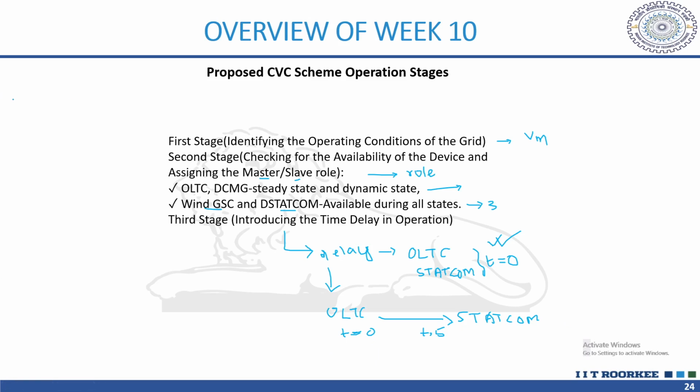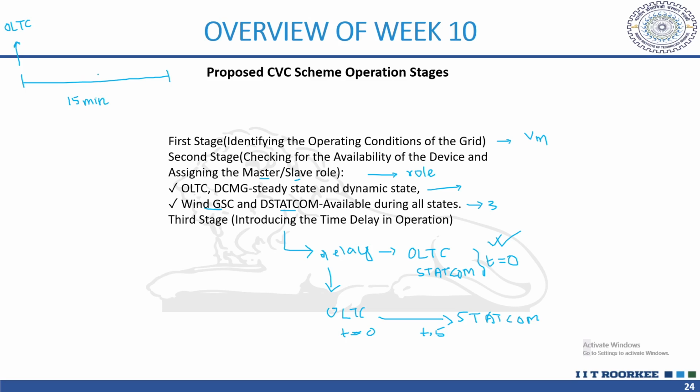So basically, let's say over this 15-minute time window, you want the voltage to be maintained, right? So let's say over this 15 minutes, you calculated something, and at t equal to 0, we operate the OLTC. Why we start with the slowest is because it will take the most amount of time to improve the voltage.